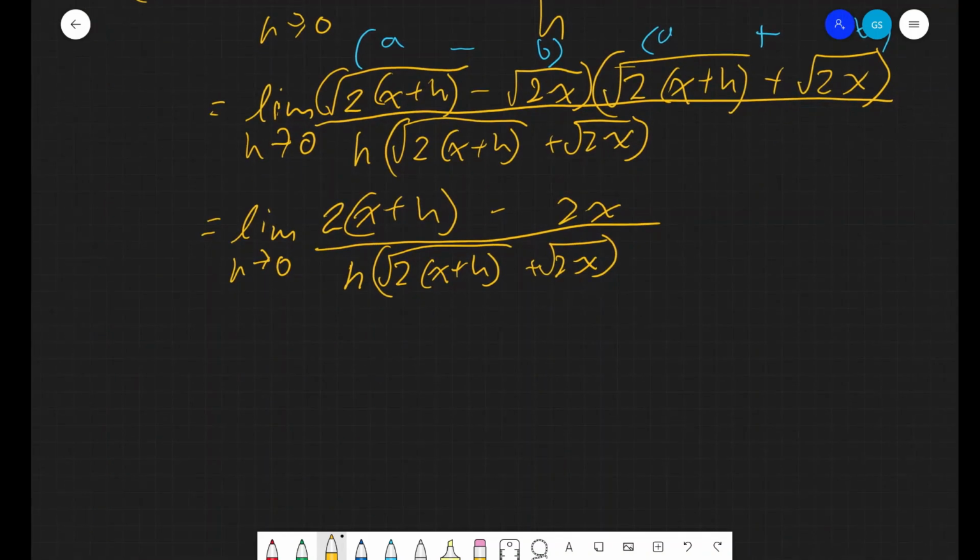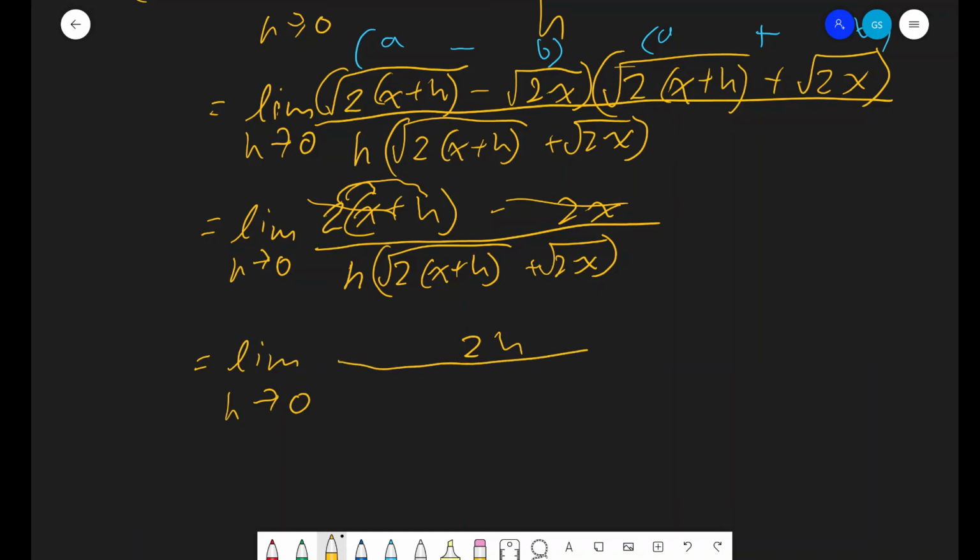And now we can just expand the limit of h approaching 0, 2x, so 2 times x and then 2 times h. We know that if we multiply this by a 2x, there's a negative 2x waiting there, so those two would just cancel out, the 2x, the negative 2x, and then we just get 2h over h, and then we get root of 2x plus h plus root 2x.